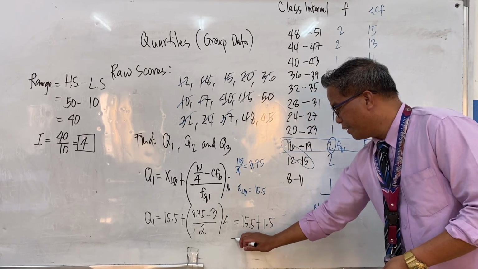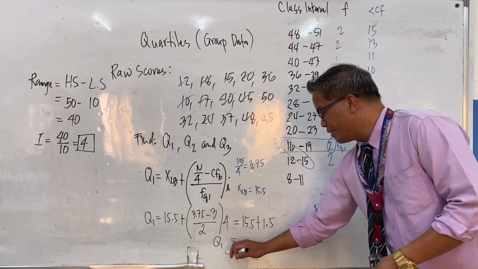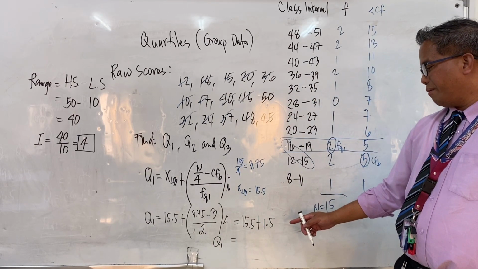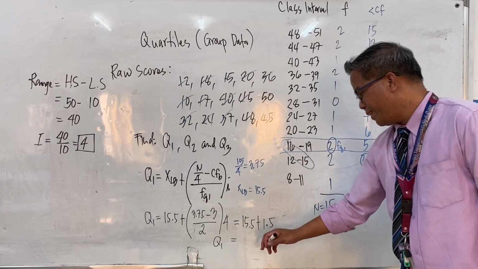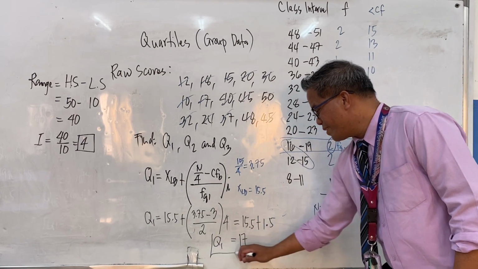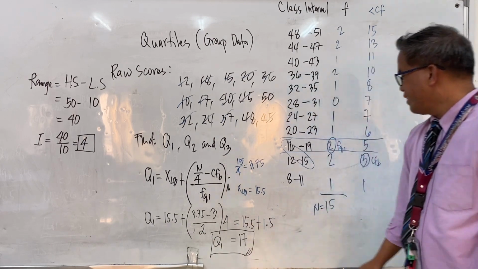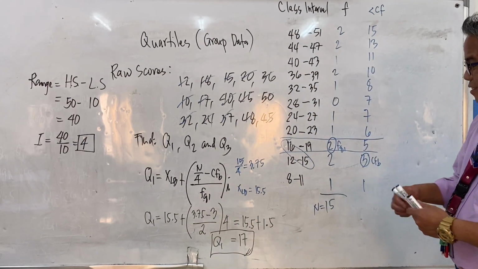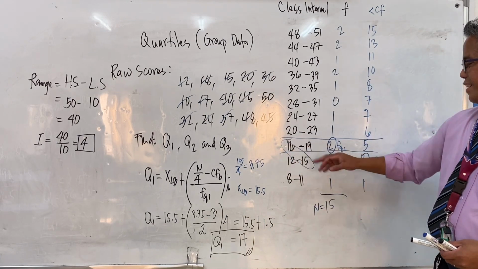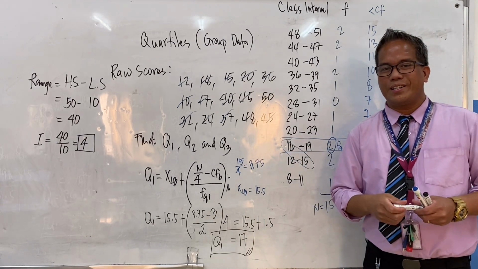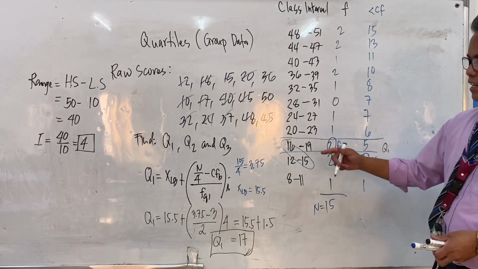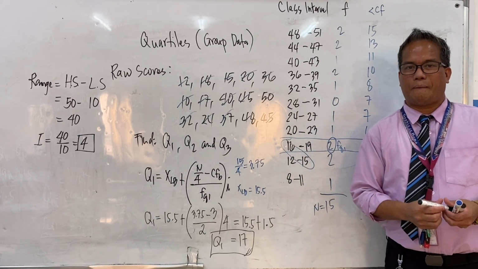Okay, then Q1 is equals to 15.5 plus 1.5 equals 17. So this is now your Q1. So Q1 is 17. Okay, so that's right, because 17 is between 16 and 19. So the Q1 will be here.